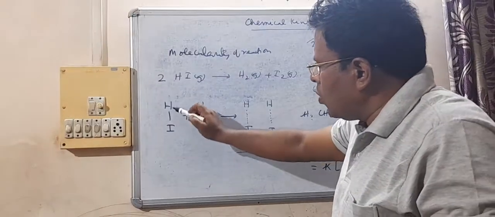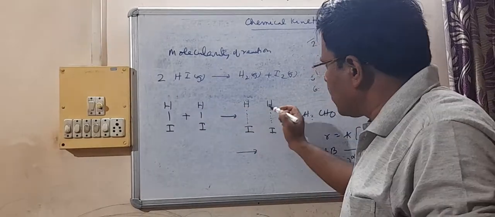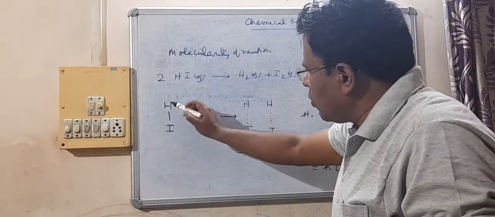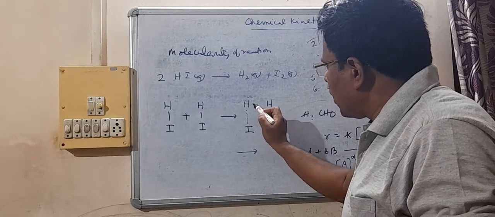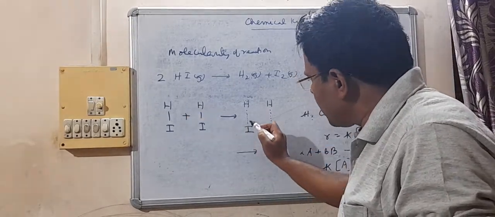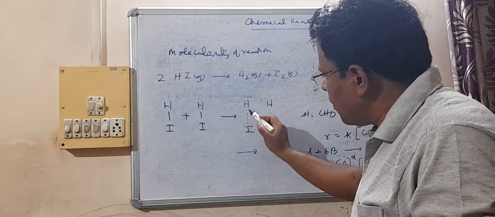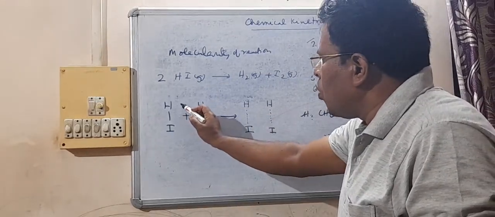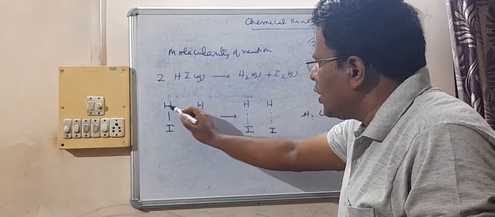So this molecule collides with this molecule, and this bond gets weaker. That's why I showed it by a broken line, and a new bond gets formed between this and this.